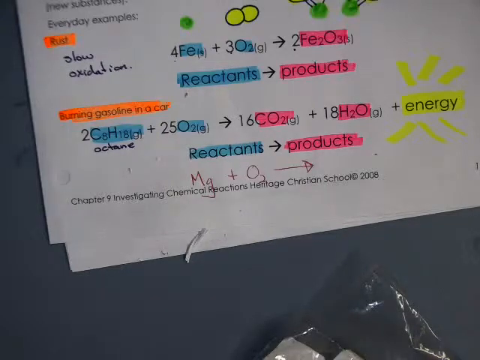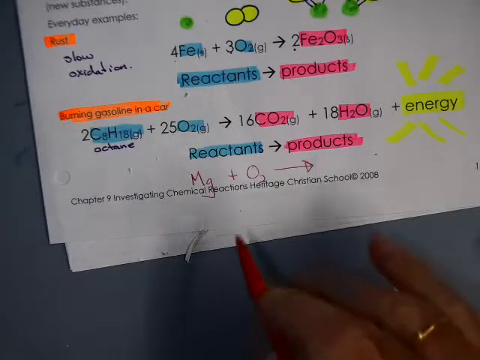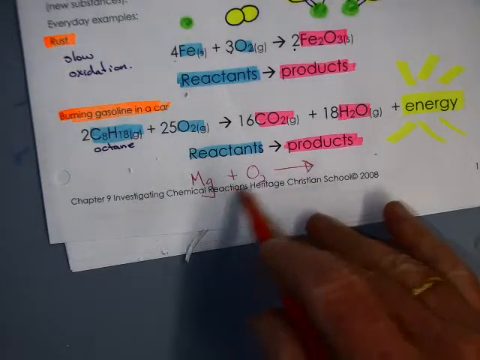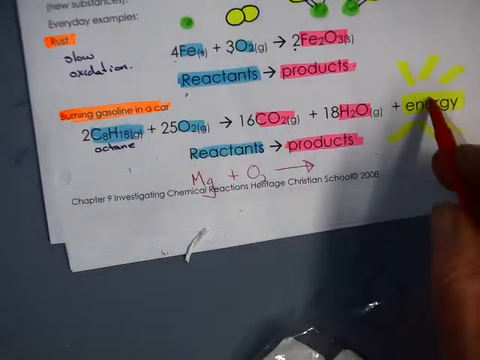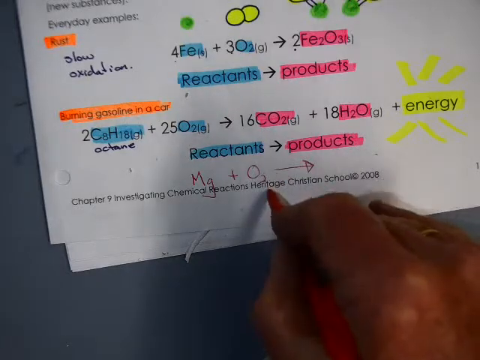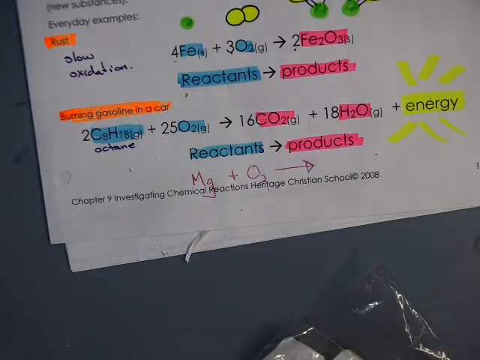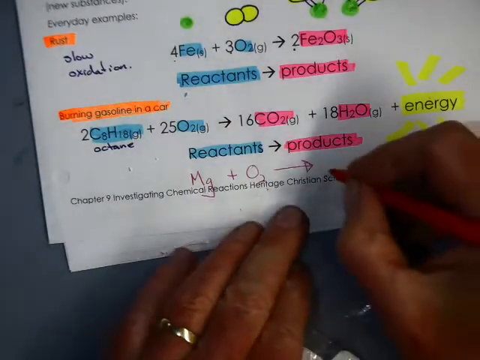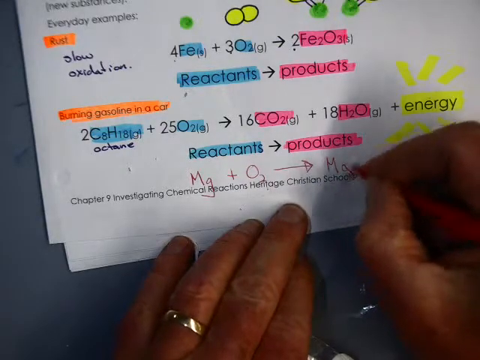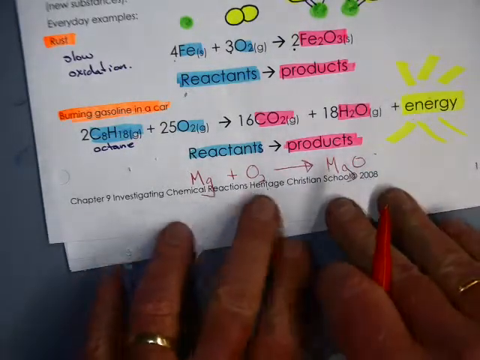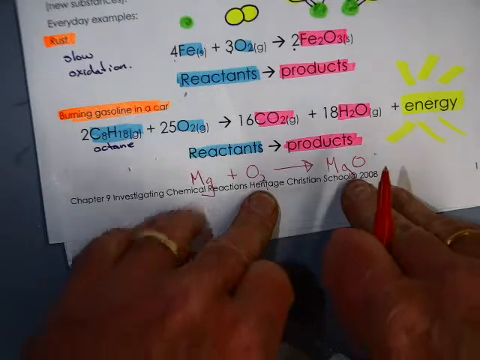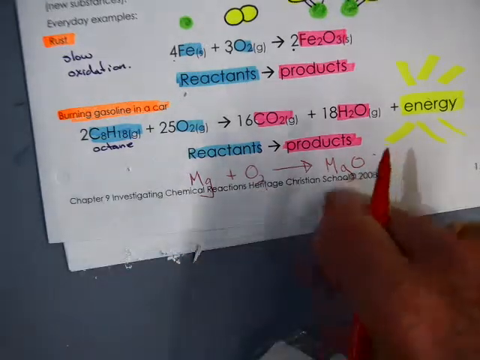This is one of those very few chemical reactions that is a combustion. This is called a combustion reaction, but at the same time, it is also a synthesis reaction, because I take two simple things and make something complex. Good job.